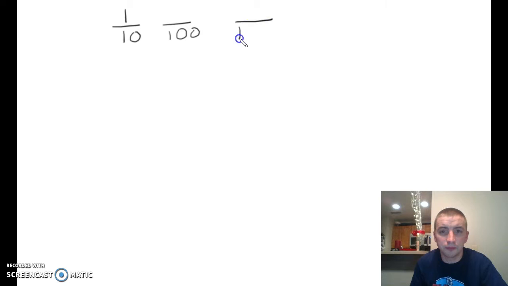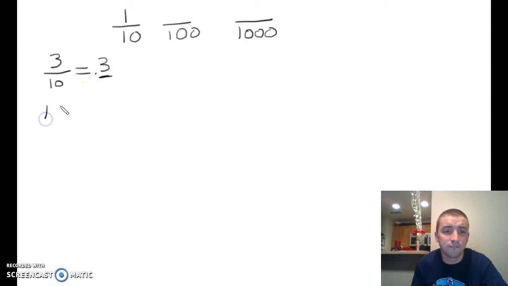So if we have a fraction that is already base 10, meaning our denominator is a 10, 100, or 1,000, so that's base 10, a power of 10, then it's really easy for us. If I have the fraction 3/10, my decimal would be 0.3 because that 3 is in the tenths place.